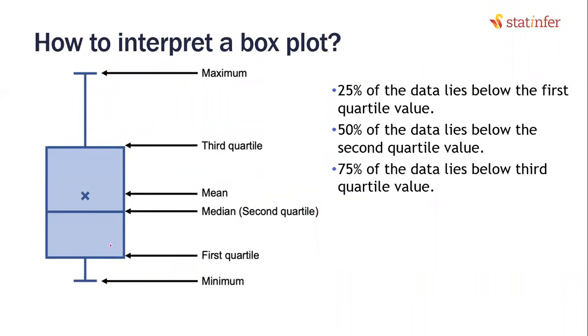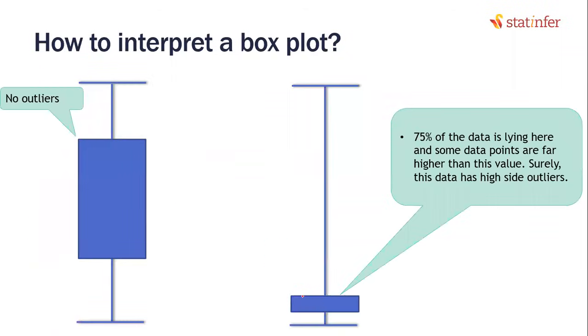If the box appears like this, that means this is the minimum value, 25 percentile, 50 percentile, and then the third quartile, and then the maximum value. If there is an equal or almost similar distribution like this, then there are not many outliers. But if there are outliers, that means by here 75% of the data is covered.